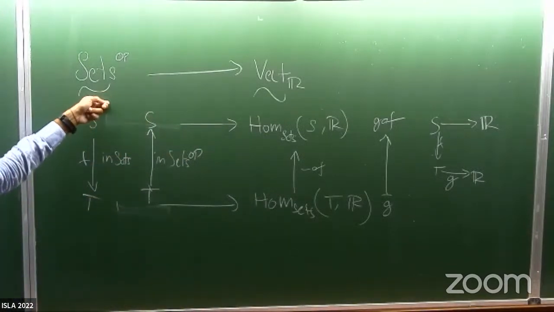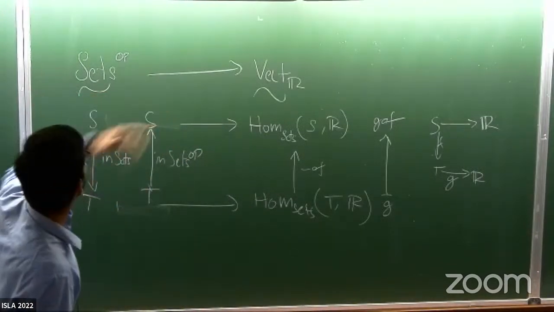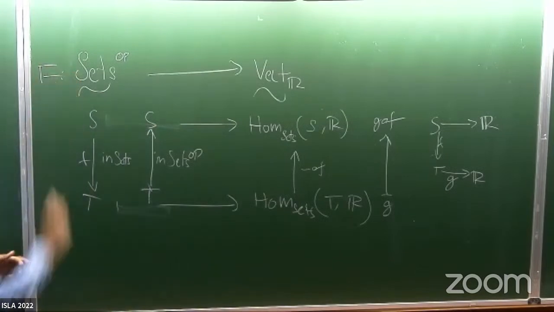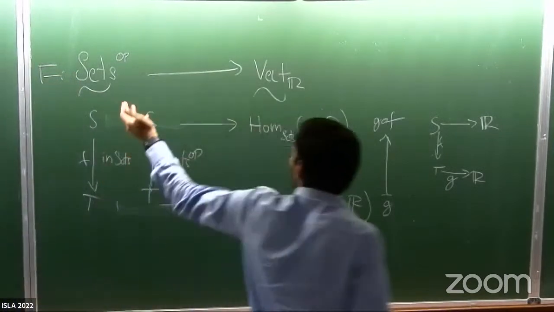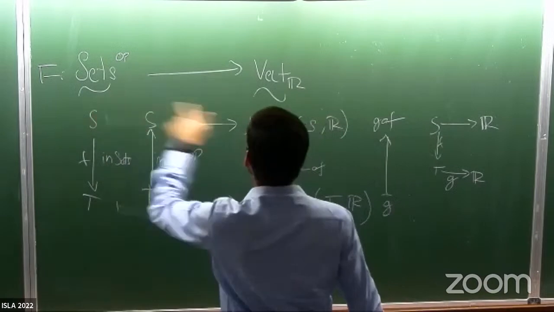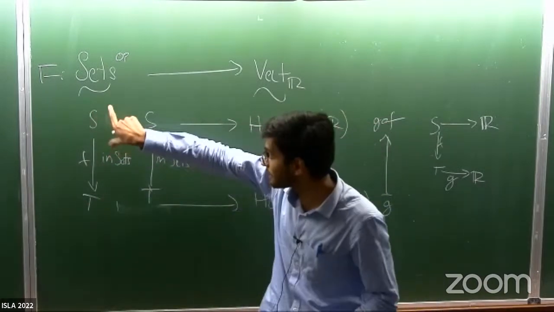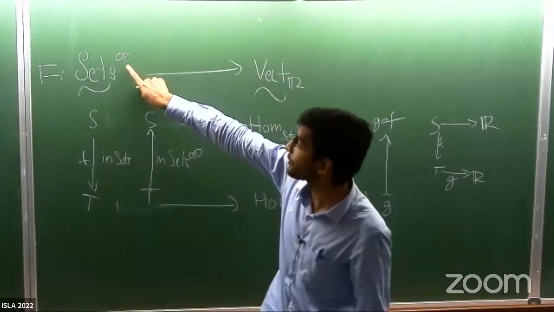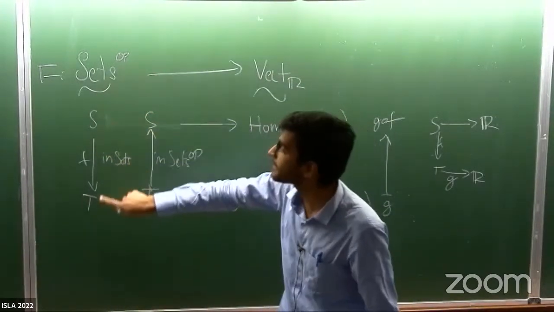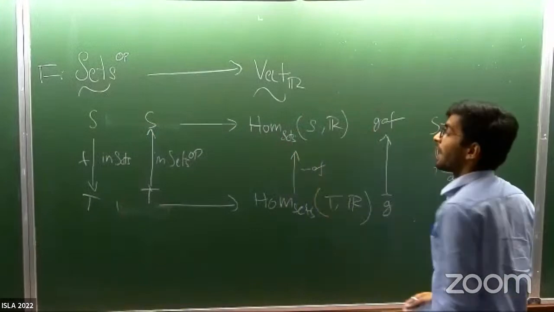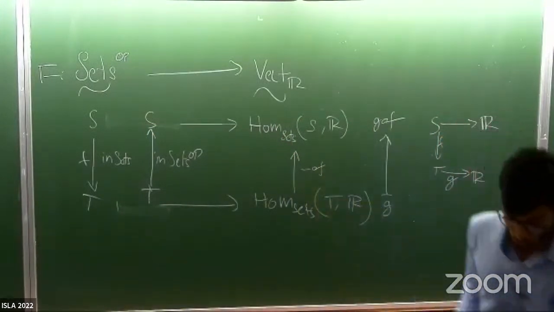We do it first here, and then the definition of this functor is valid. So that's a contravariant functor, which reverses the direction of an arrow. Most of the time we don't write it in sets op; we write it in sets, and then the inversion of the arrow is shown here.